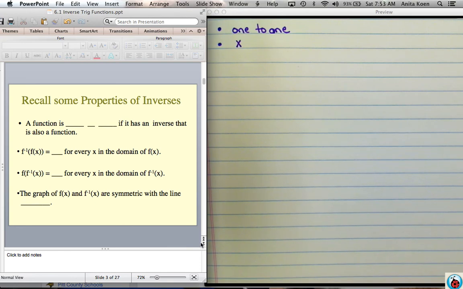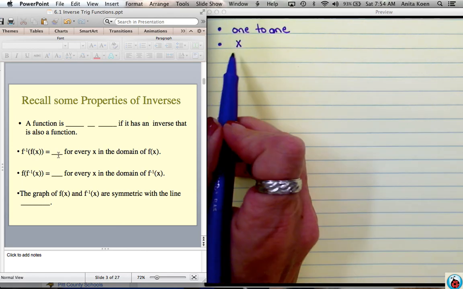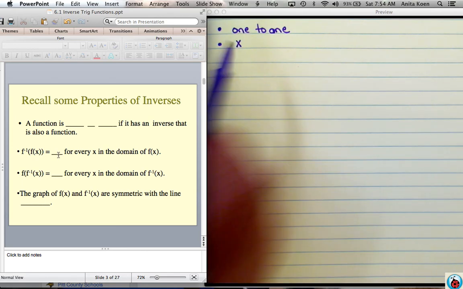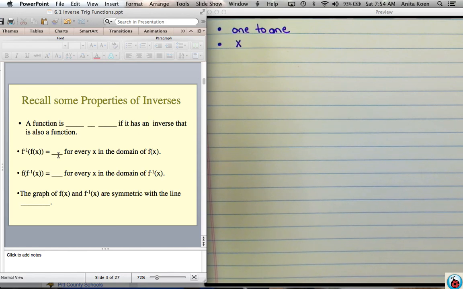This means that any x that I'm allowed to use as an input for the function f, if I input an x into f, I'm going to get an output. That output becomes the input for f inverse. Once that input is put in, the function is applied, and then the output from f inverse is actually the same thing that I started with, x.